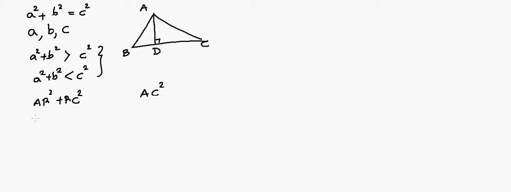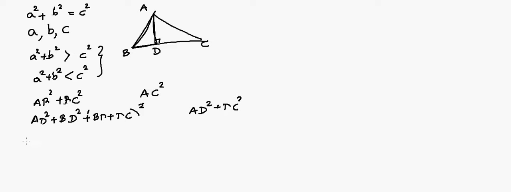So we can write AB square as AD square plus BD square, because triangle ABD is a right angle triangle and AB is the hypotenuse. And BC square can be written as BD plus DC, the whole square. And AC square, we can write as AD square plus DC square.